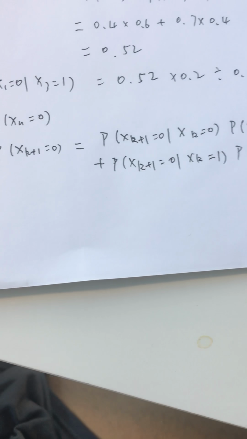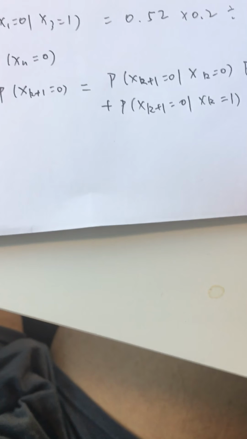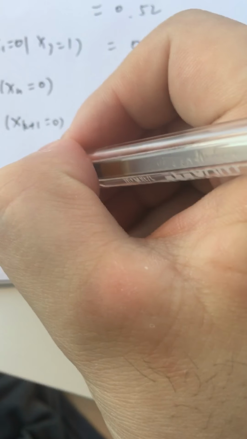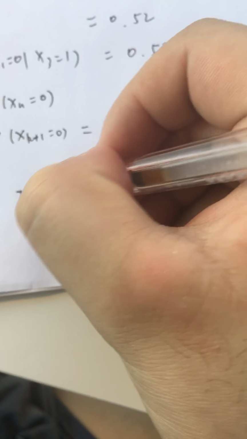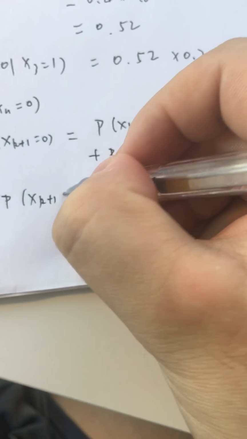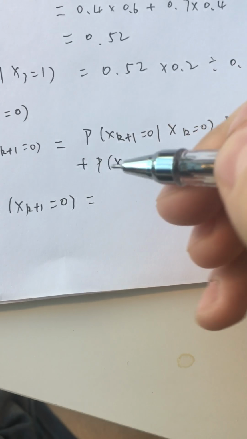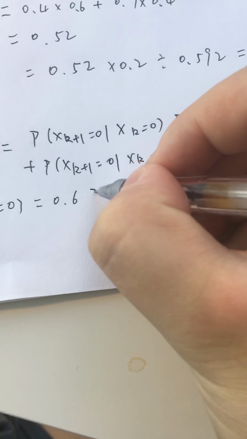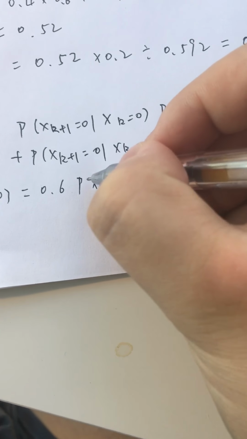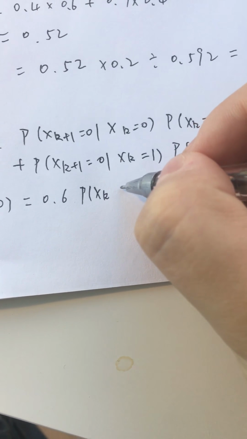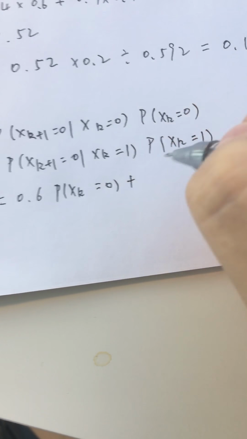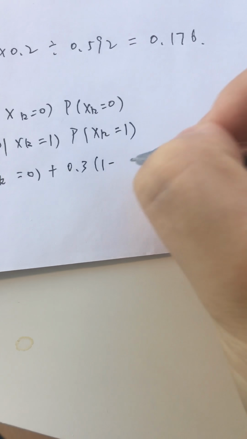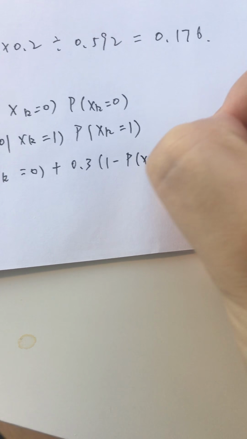So in this equation we can know that the probability of x(k+1) is 0 equals 0.6 times the probability of xk is 0, plus 0.3 times (1 minus the probability of xk is 0).